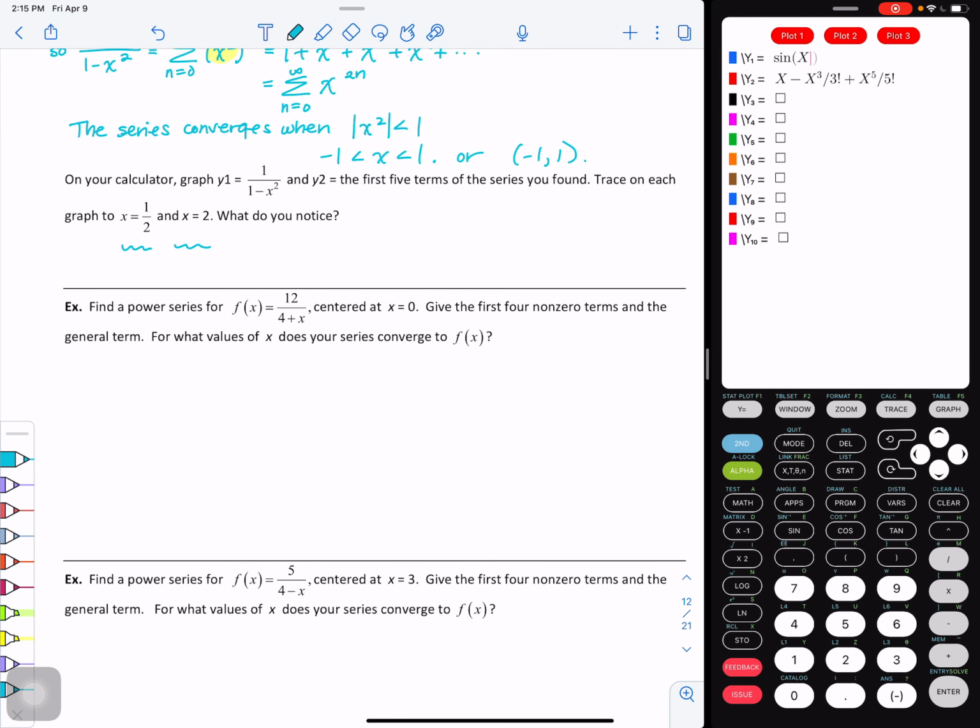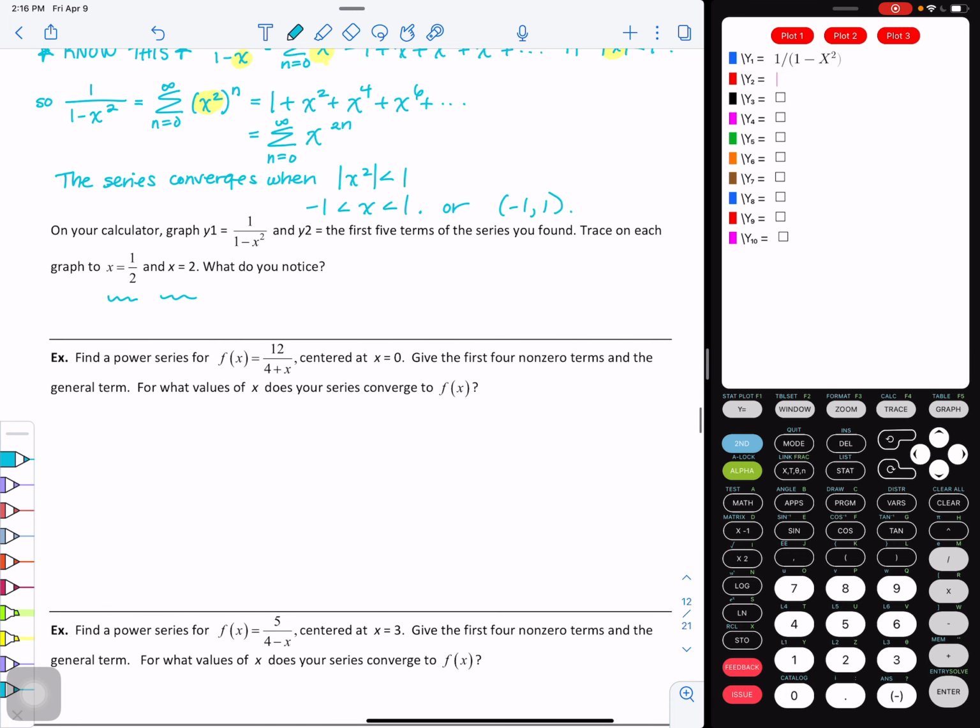Okay, so press your y equals. And in y1, we'll put 1 divided by 1 minus x squared. Okay, and then on the next one, we'll go ahead and put 1 plus x squared plus x to the 4th.